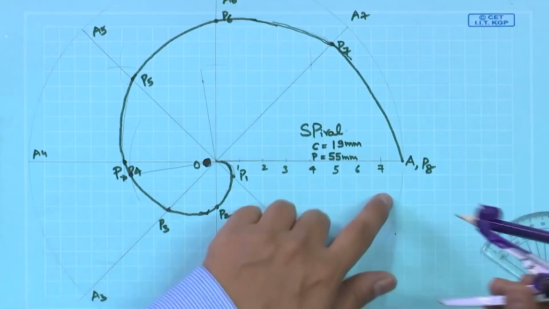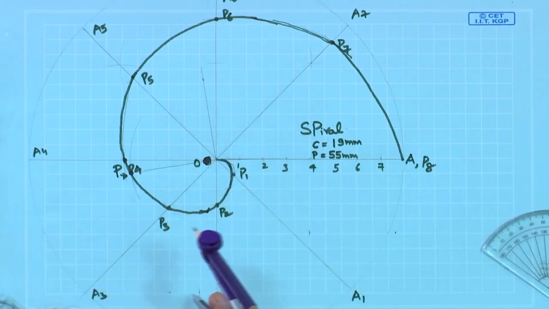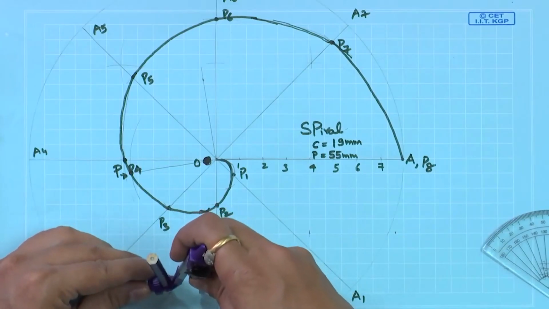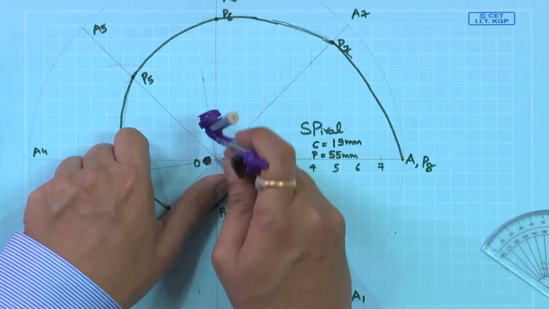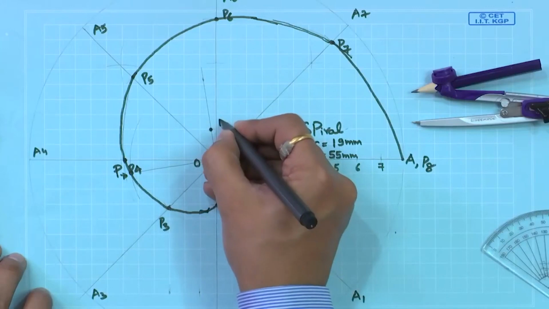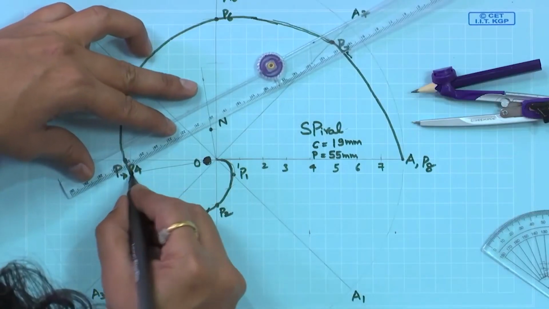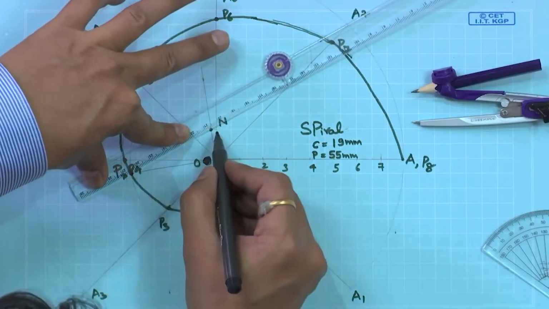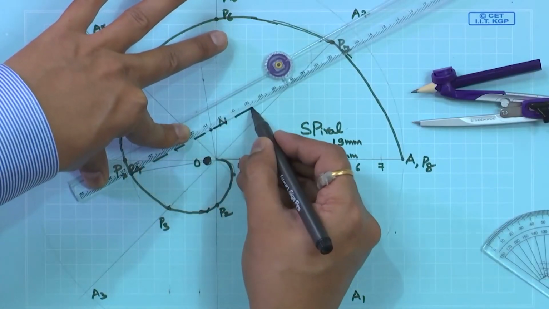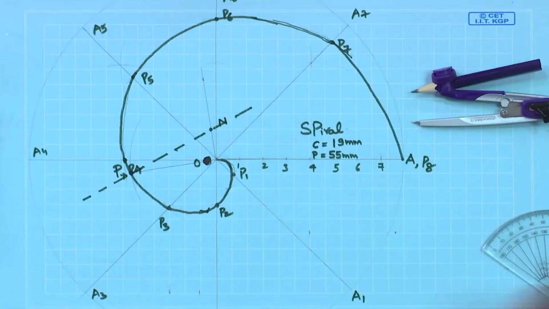On that, the constant of the curve C is 19 mm. So, make an arc of 19 mm somewhere here. Call this point as N. Once N is known, join point P and point N. It should be a continuous line, but just for visibility purposes I am showing it by a dashed line.